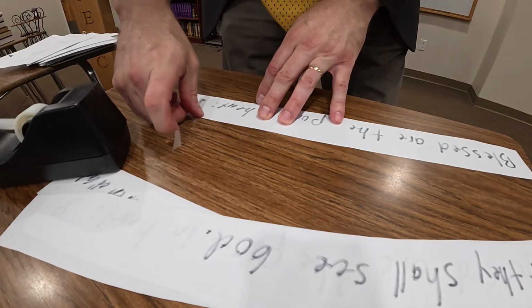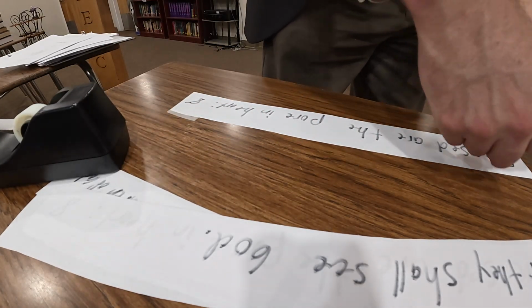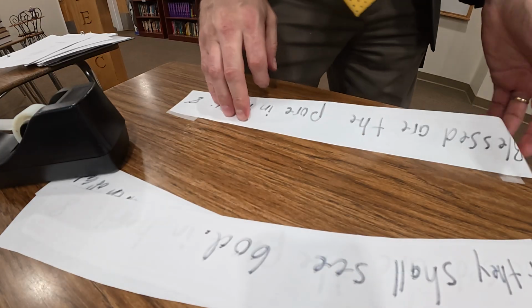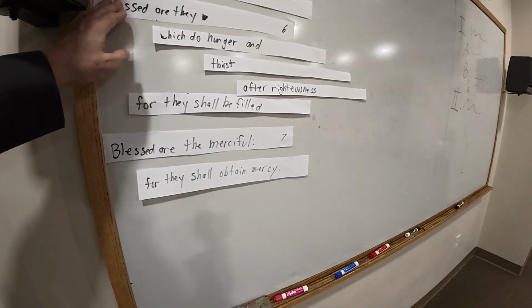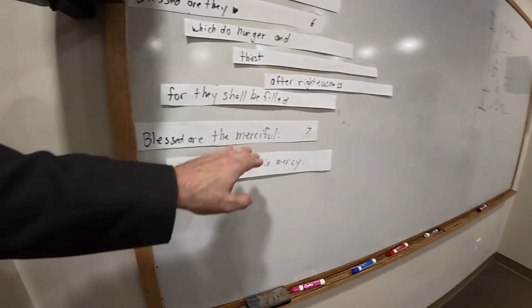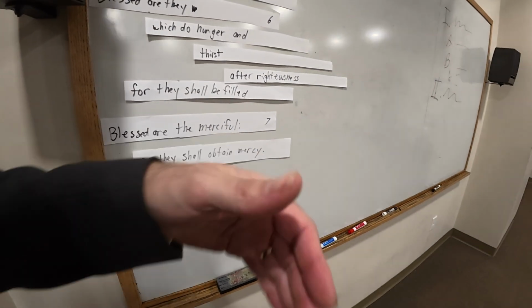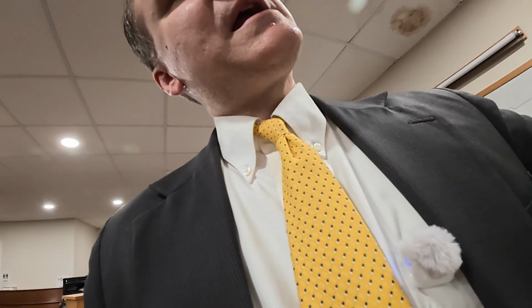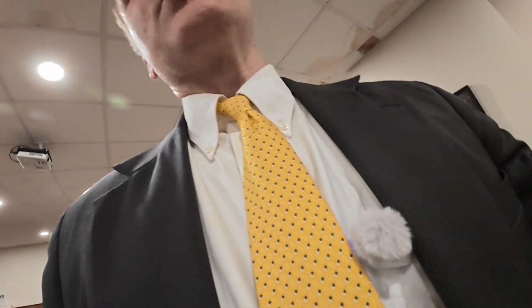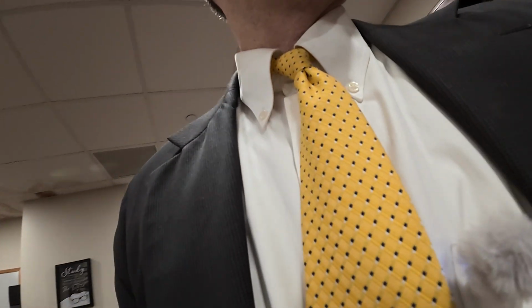If it doesn't line up with those, it would be in spot 6. And spot number 2 is chosen, correct. It's the same pattern, blessed are, and then the prepositional phrase, for they shall obtain mercy. All right, starting verse number 8. Blessed are the pure in heart. Your turn.